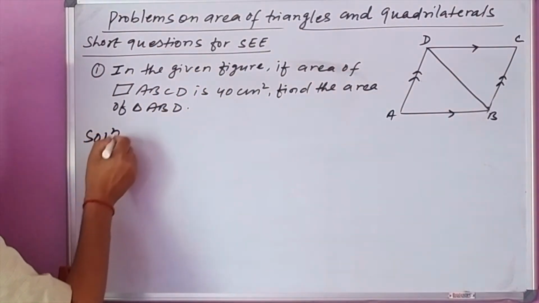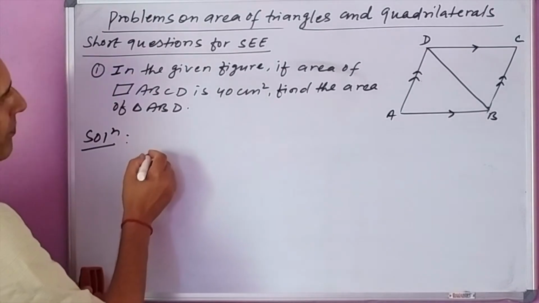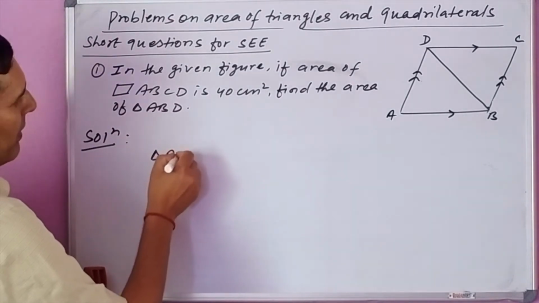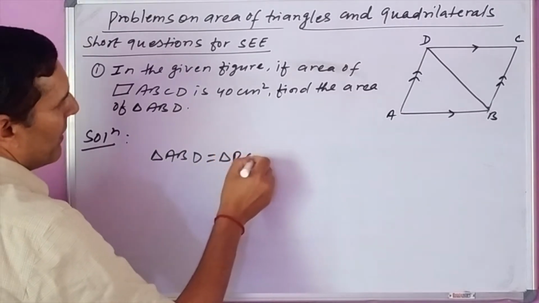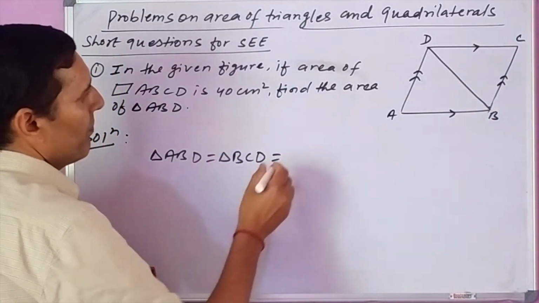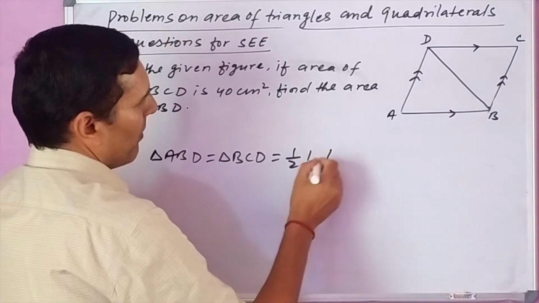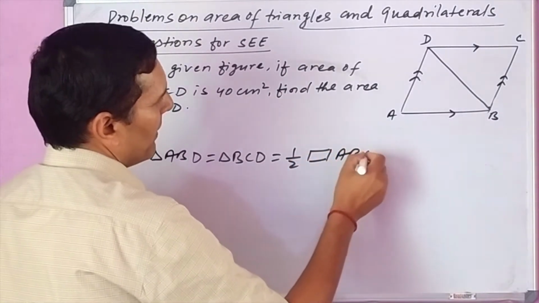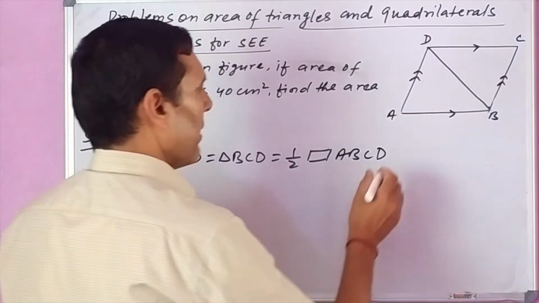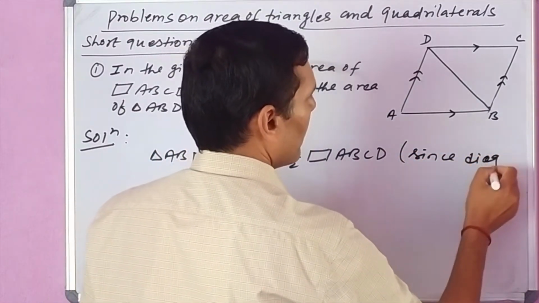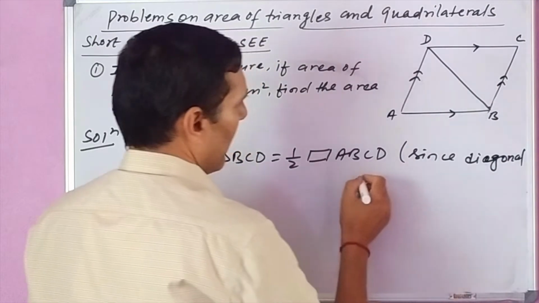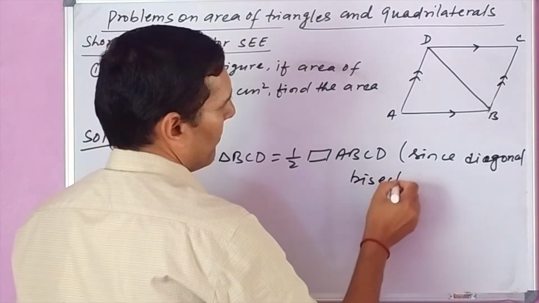So here we can write, area of triangle ABD is equal to area of triangle BCD is equal to half of area of parallelogram ABCD. We can write the reason here: since the diagonal bisects the parallelogram.